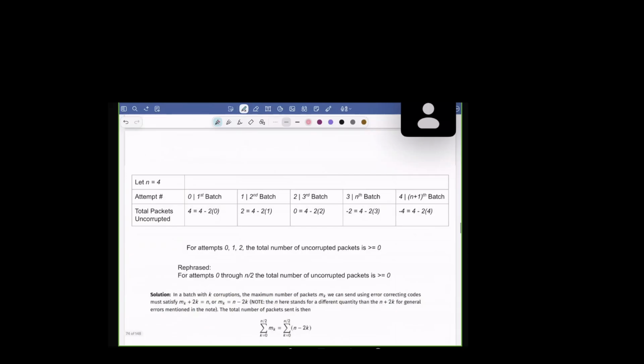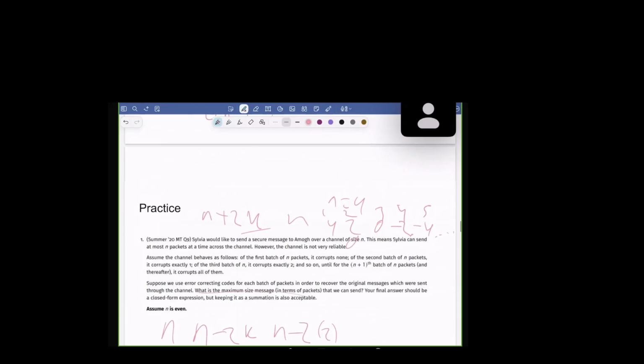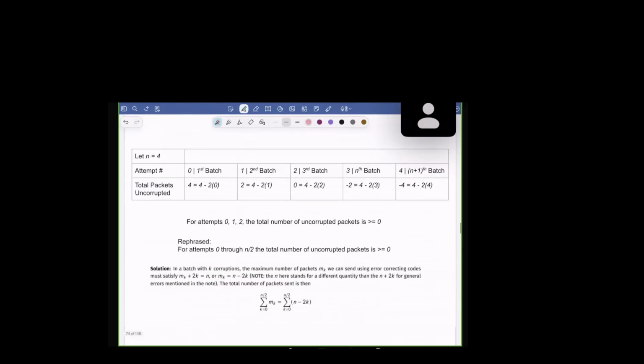So what you do is make a summation for only the first half, the ones that are not 0 and not negative. And that's the maximum I can send through the channel. Does that make sense? Any questions? The question was asking how many total packets we're going to be able to send, the max, given this limitation.